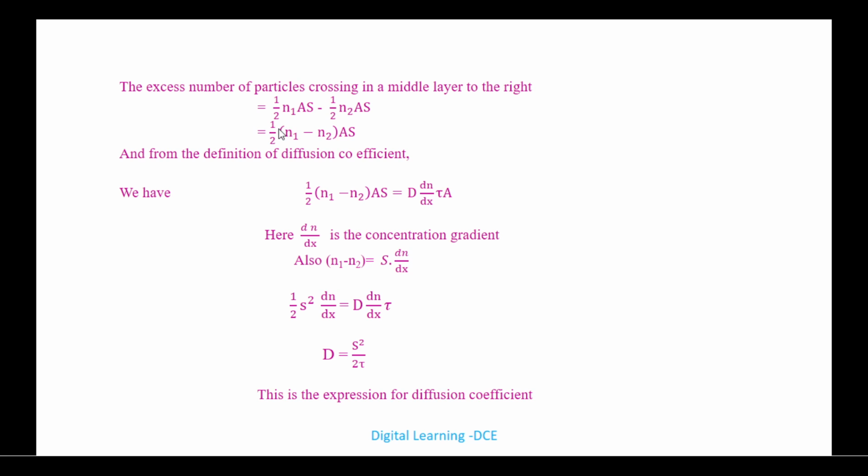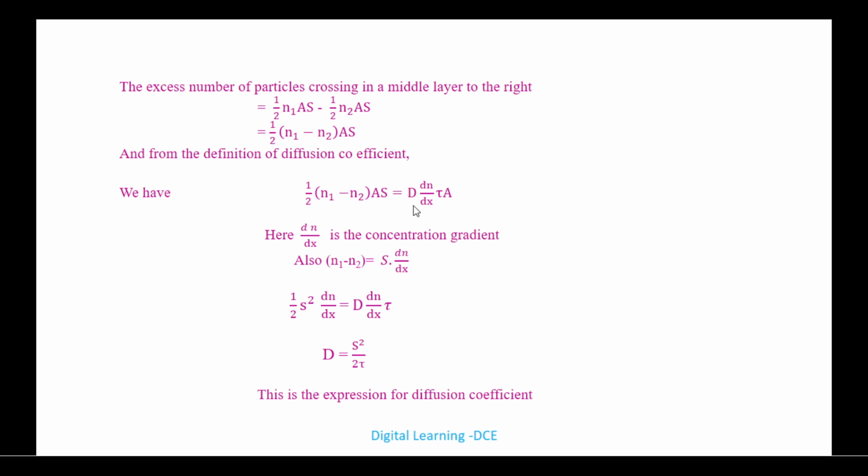Here the common term is 1/6 AS, so it is 1/6 (N1 minus N2) AS. This represents the excess number of particles crossing the middle layer in the positive x-axis direction, and we can equate this term to D dn/dx τ A.